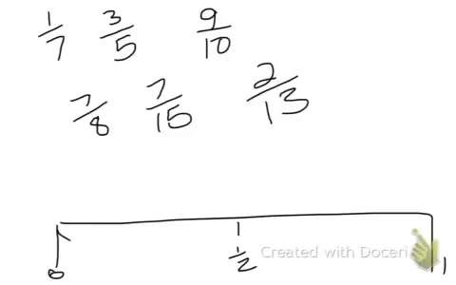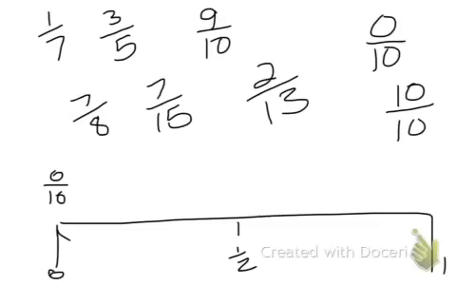So let's look at a couple fractions here. What we're going to do when we look at these fractions is, let's use tenths for example. We know that 0 is 0/10. We know that one whole is 10/10. And we know that 1/2 would be 5/10.